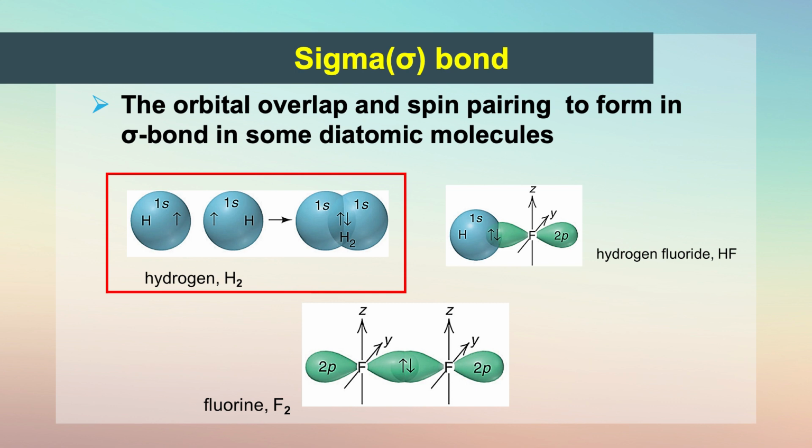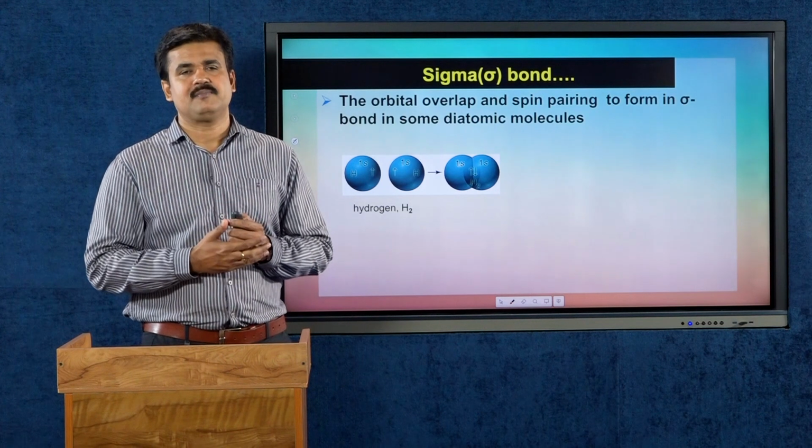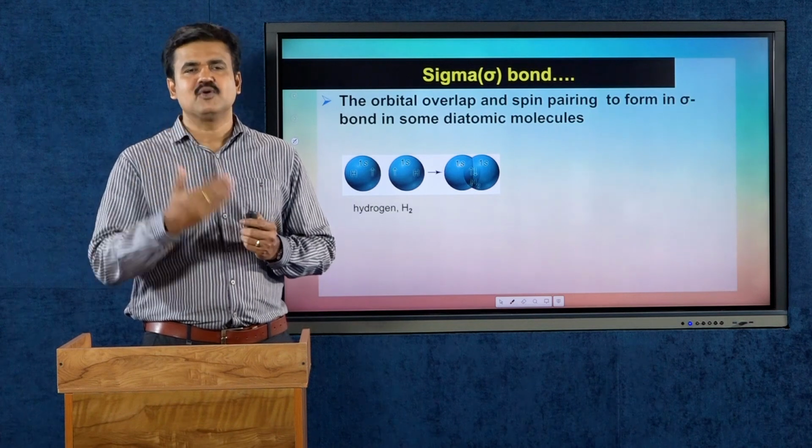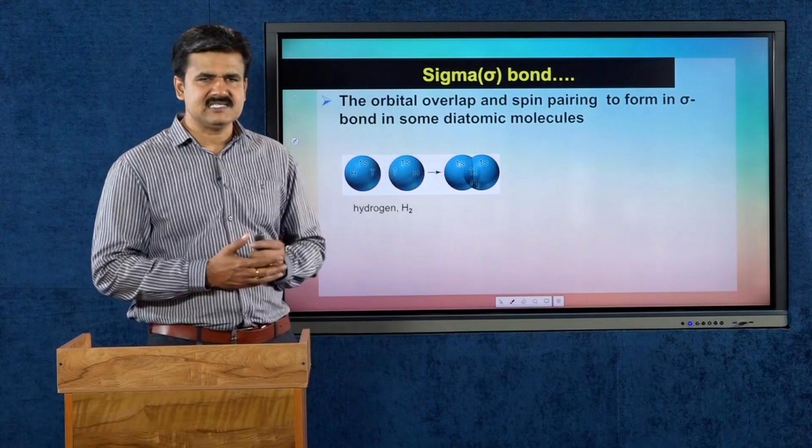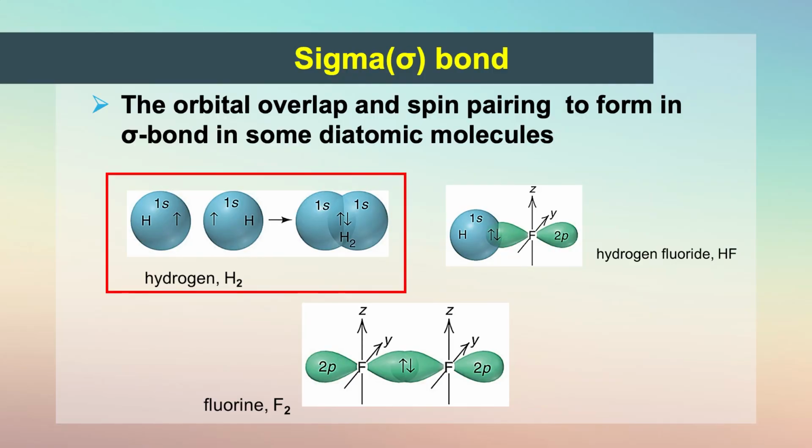They will undergo end-to-end overlap or head-on overlap to form the single bond between two hydrogen atoms, and the H2 molecule is formed by this. So, here the overlapping between two half-filled 1s orbitals is termed head-on overlap or end-to-end overlap, and that end-to-end overlap results in the formation of a sigma bond between two hydrogen atoms.